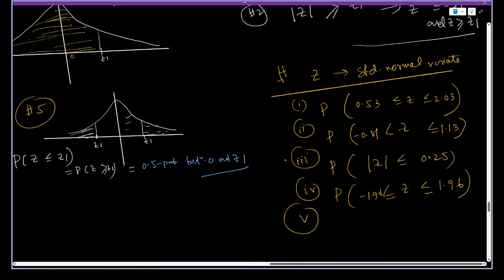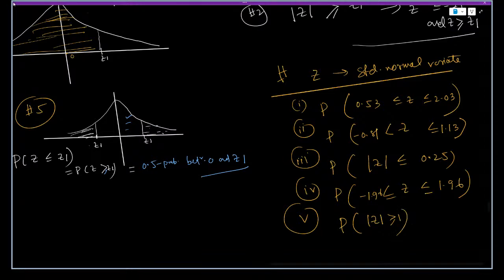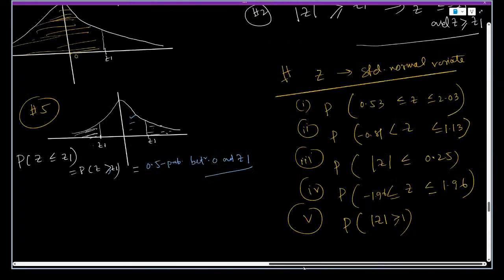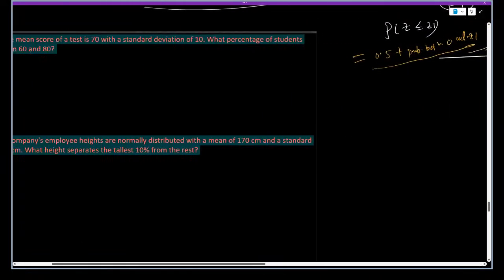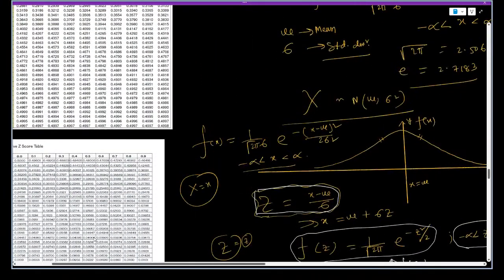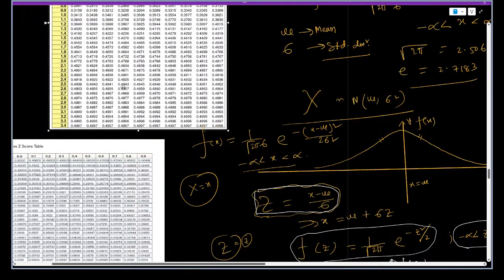And the last one, find P(|Z| ≥ 1). These are direct applications of the concept we have learned, and I am making you habituated to this table for the moment. In future we may take the other table also. So I am telling you to take this one.